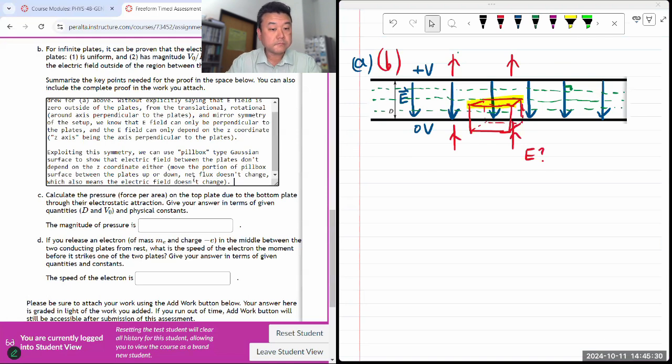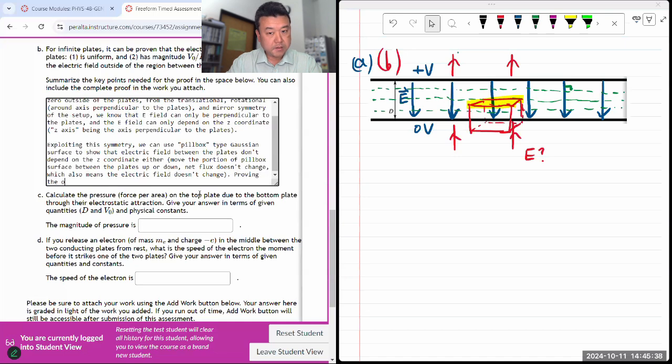And now how would you prove the outside fields must be zero?